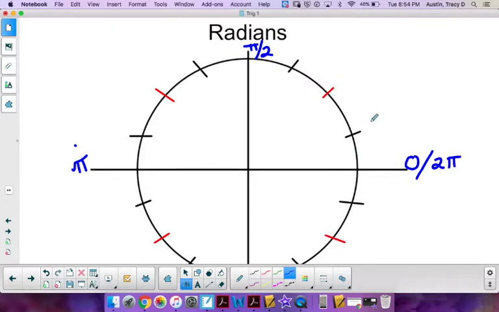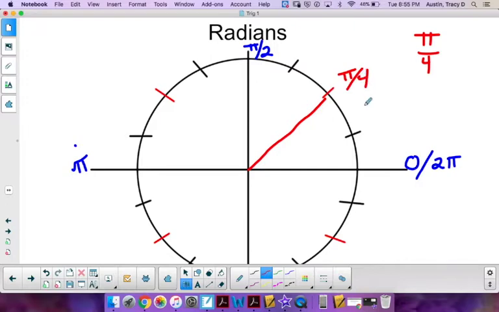Okay, same exact cuts, same exact pieces. Only instead of saying that we're cutting 180 into 4s, right? Our 4 is right here. We're going to be cutting pi into 4s, which means each one of these marks, each one that goes with 45 degrees, is pi over 4. Okay?